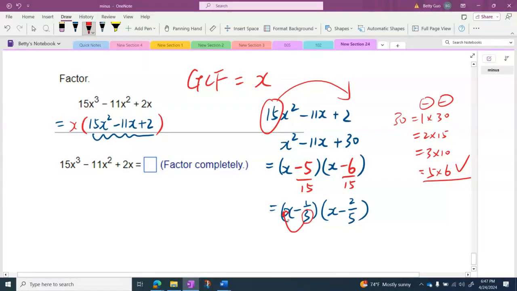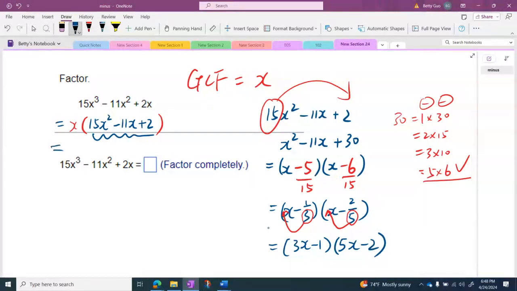We only slide it back when we have denominators. And the final answer is going to be this part: 3x minus 1 times 5x minus 2. So put it back. Don't forget that we have x in front. So x times 3x minus 1, 5x minus 2. And this is the final answer.